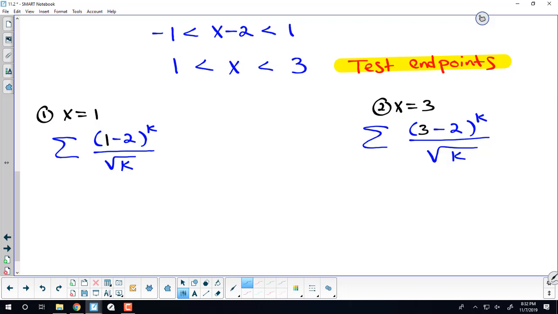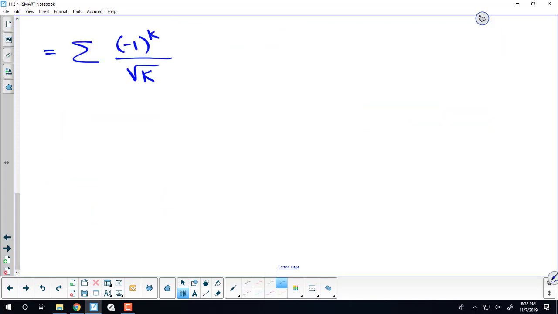And then once you plug that in, you just got to see what series you're dealing with. That gives us negative 1 to the k over the square root of k. Does that series converge or diverge? Converges? Diverges? How do we know? Yeah, alternating series test. It's an alternating series.